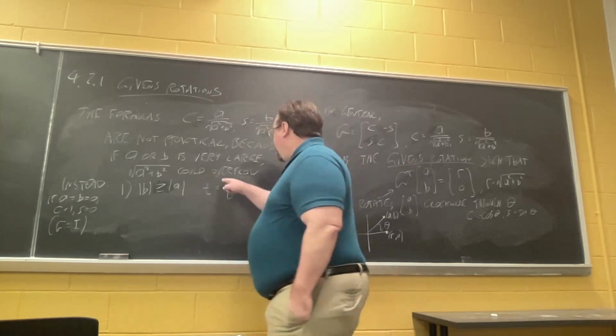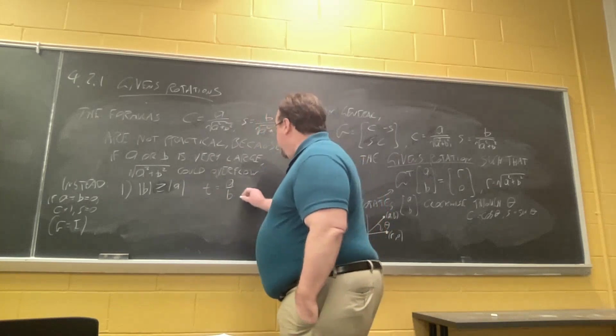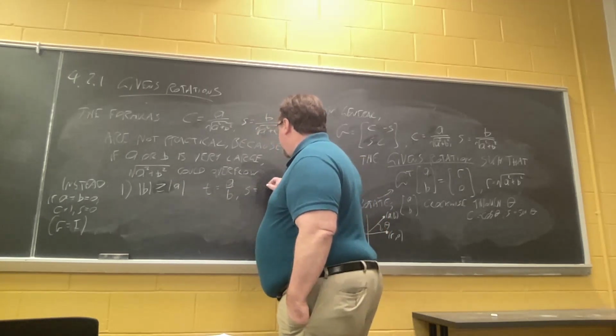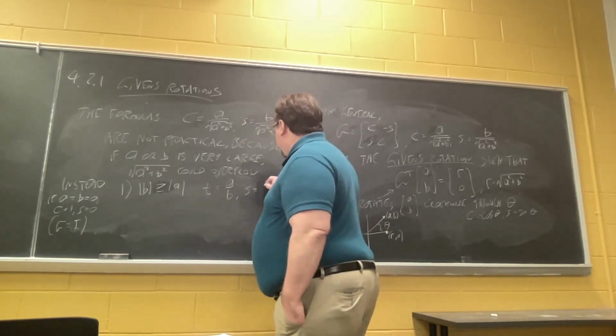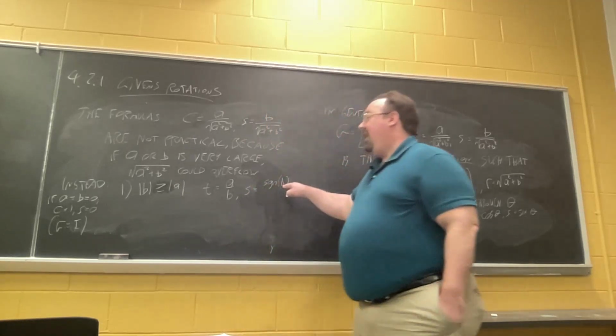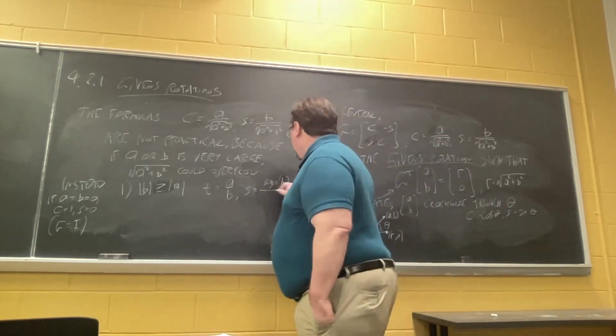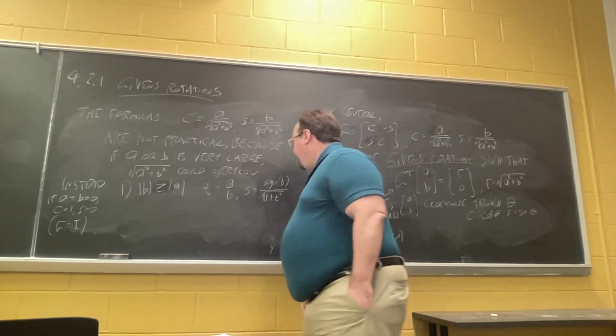So if B is larger, we compute t as A over B, so that there's no concern about dividing by 0. And then we go ahead and set S equal to the sign of B, so this is 1 if it's positive, minus 1 if it's negative, over square root of 1 plus t squared.